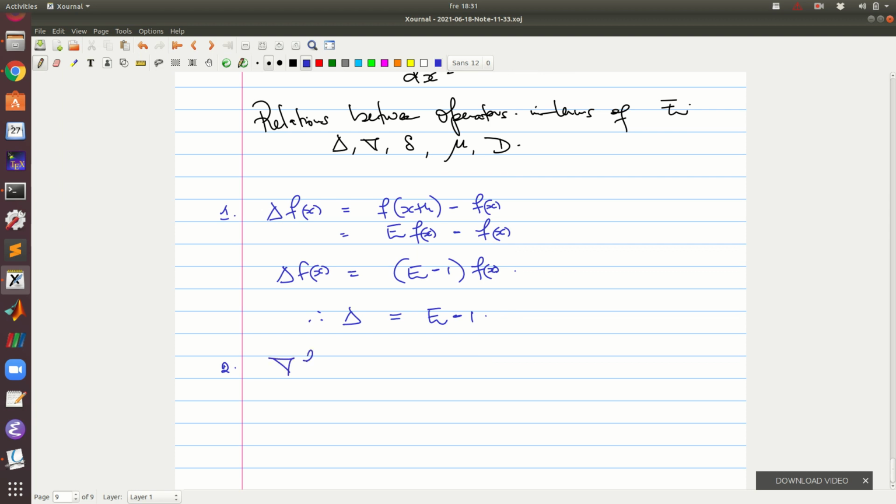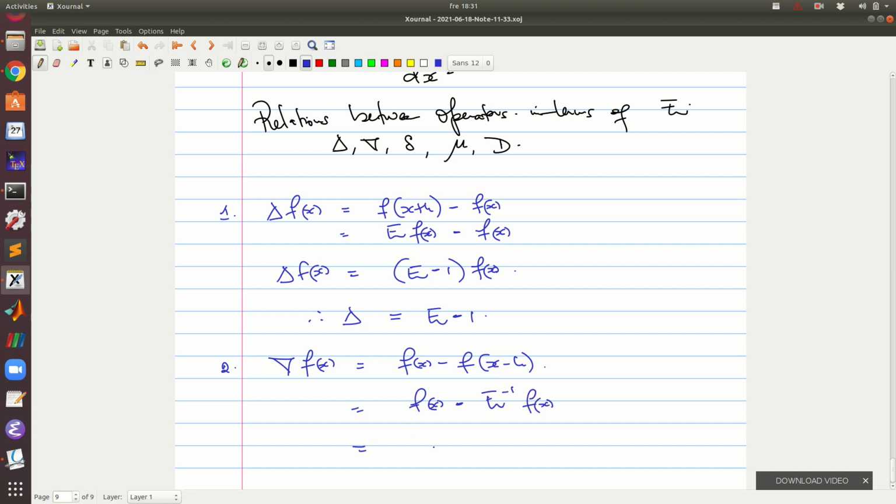2. By definition, we know that the backward difference operator of f at x is f of x minus f of x minus h, and we know this is the definition of the inverse shift.